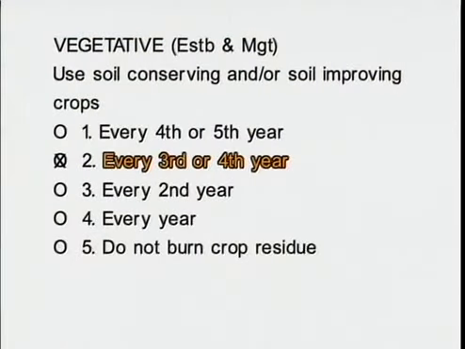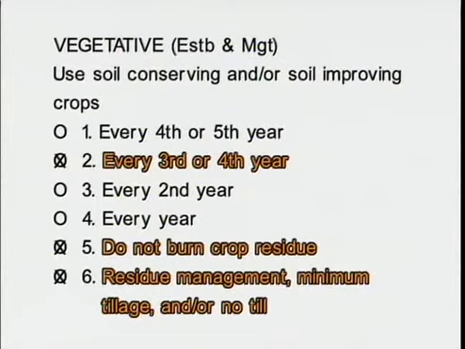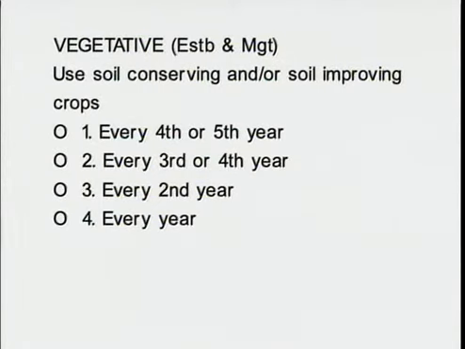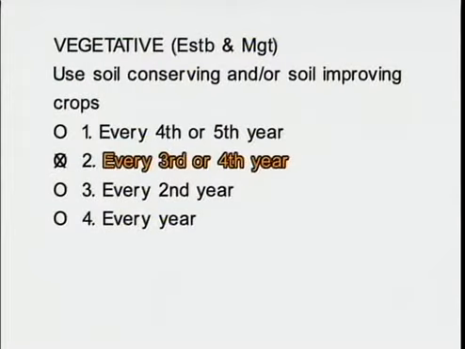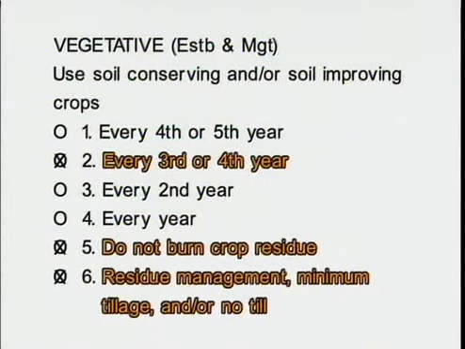All I will say is that for the purpose of this exercise, we automatically check items number 5 and 6 in addition to one of the categories 1, 2, 3, or 4 above in terms of how often we grow these soil improving or soil conserving crops. So in this case, we should have checked item number 2 every 3rd or 4th year for the soil improving or soil conserving crops, and items number 5 and 6.